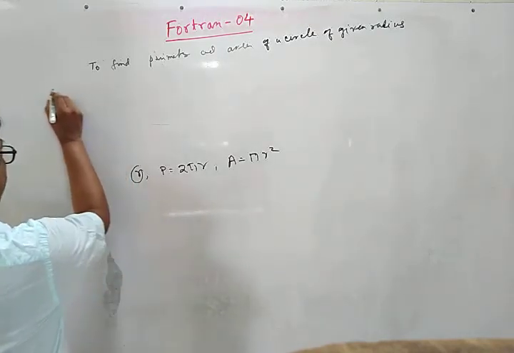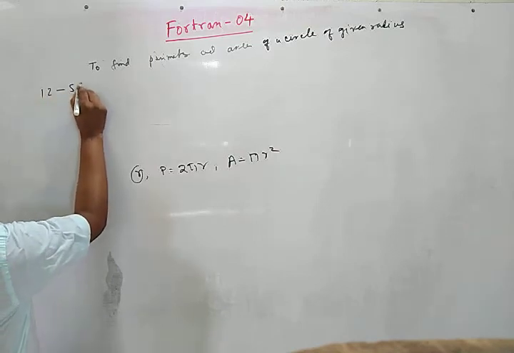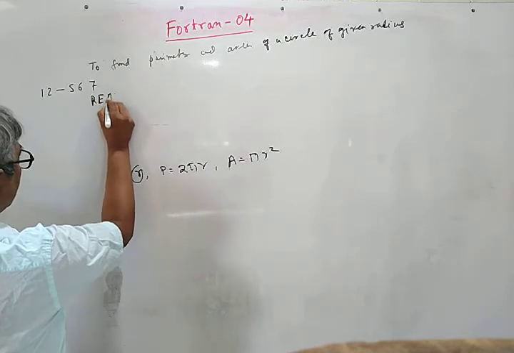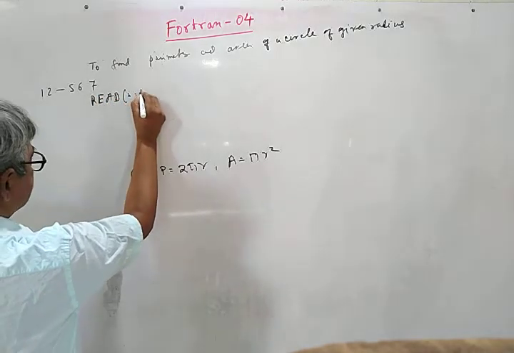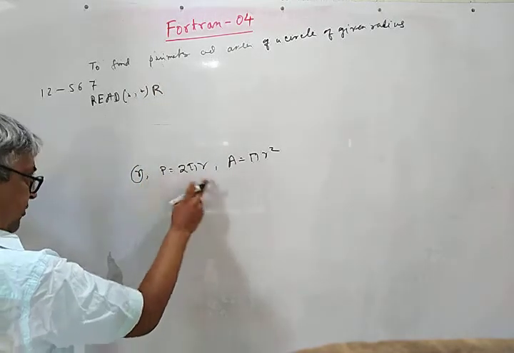So we start writing our Fortran program as read star comma star r. This r stands for the radius.